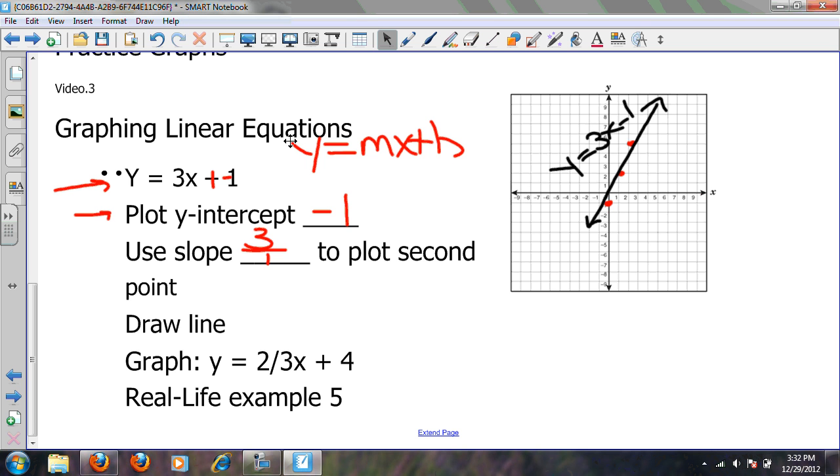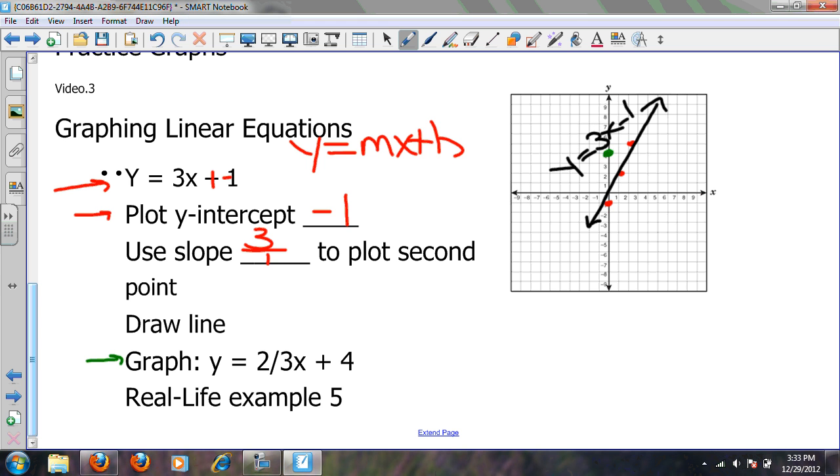Let's try to graph y equals 2/3 x plus 4. Okay? Dakota, talk us through this one. What is my y-intercept? It is 4, so I'm going to put it there.